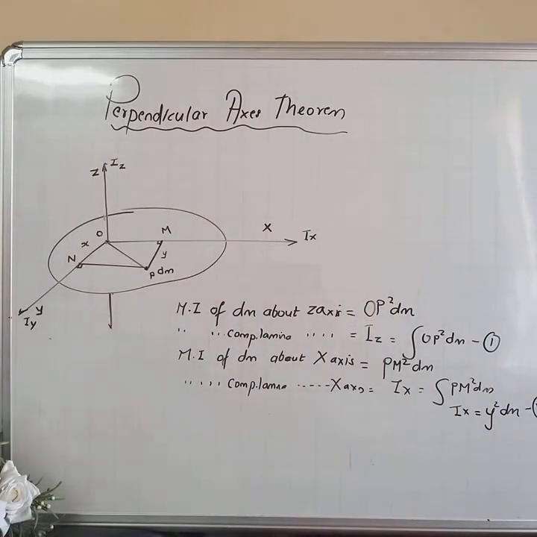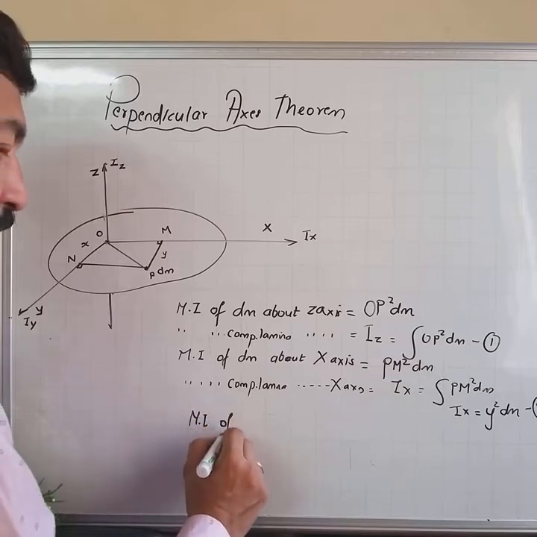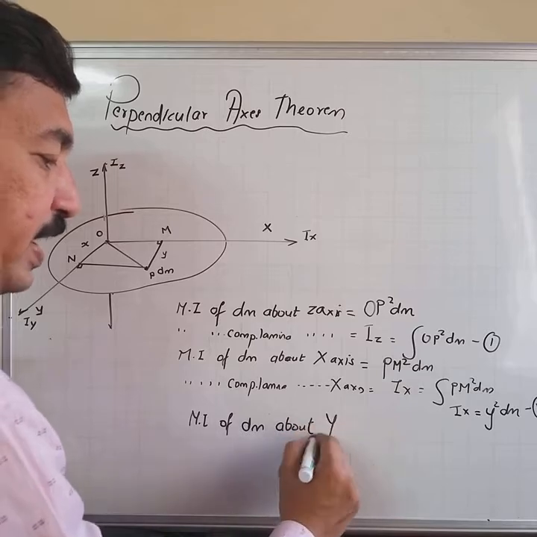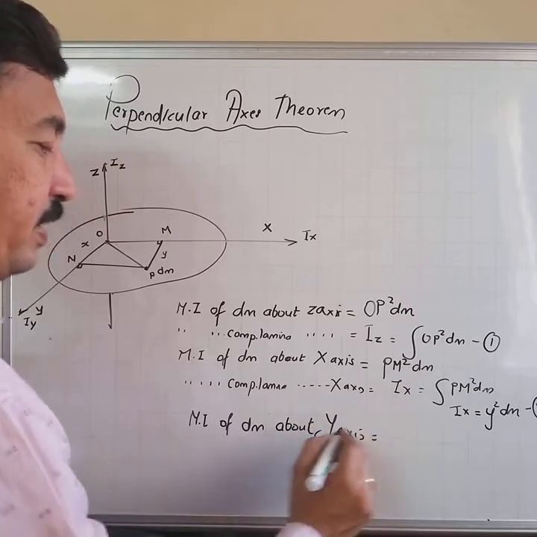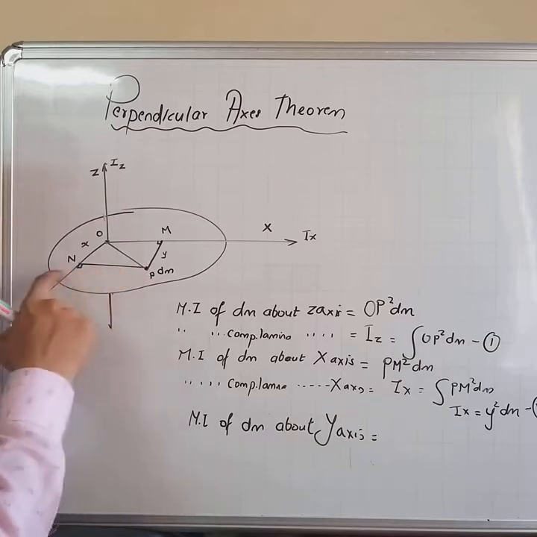And come to the last part. The moment of inertia of dm about the y axis will be, look, this is the y axis and the perpendicular distance from dm is nP.